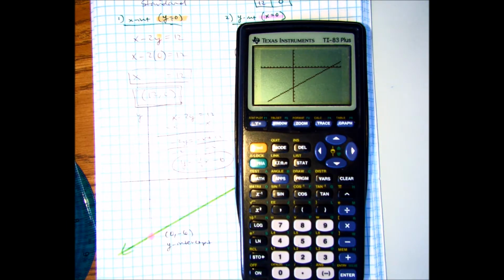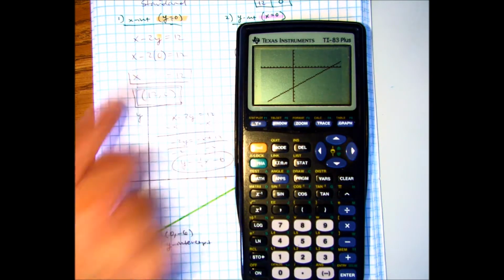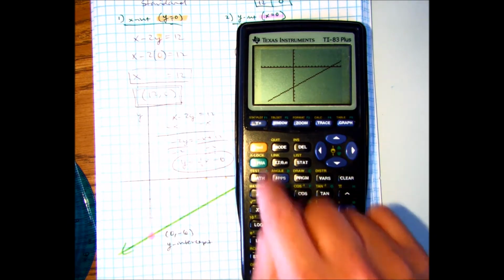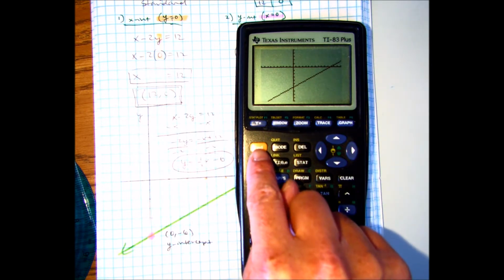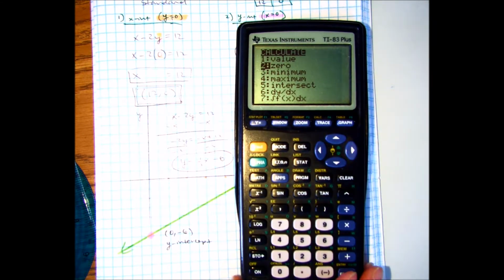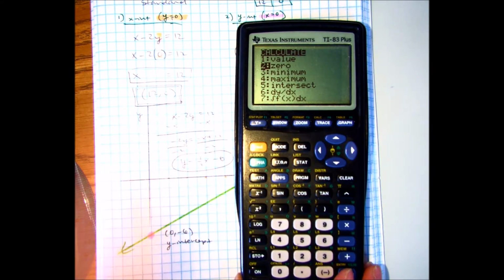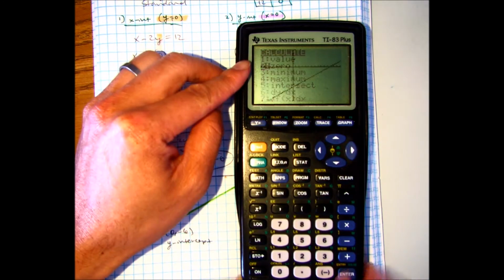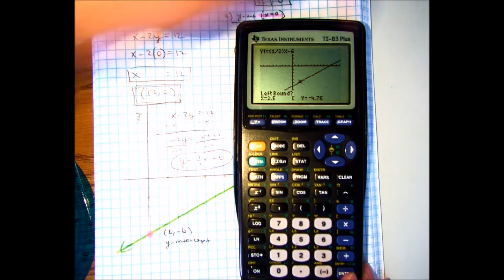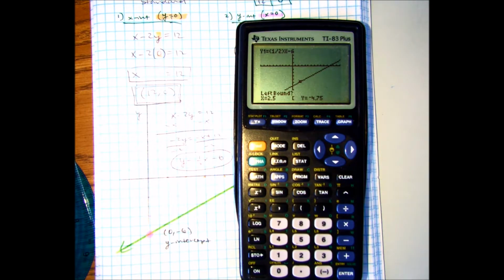Now, here's the great thing about the calculator. It can find these answers for us on more complicated problems. Watch. Everyone say second trace. We just learned the x-intercepts are called zeros, so you can press the word zero. This one only refers to the x-intercept. It tells us to go to the left. I'm to the left of this point. Some of you struggled with how to know what a left bound and right bound is.